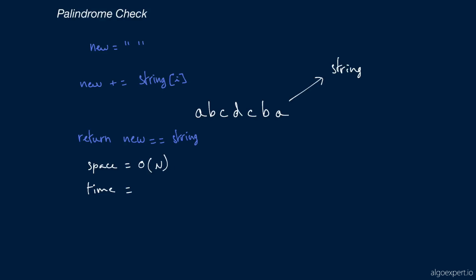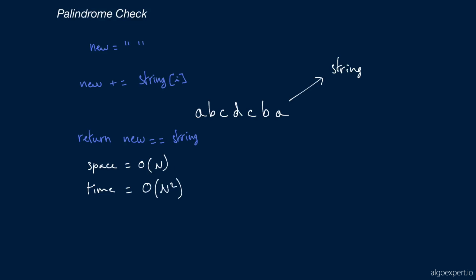The way string concatenation works, at least in Python and a lot of other languages, if you do new, where new is a string, plus equal to string I, you're actually creating a new string and iterating through all the characters in new, adding them to that new string, and adding string of I. And so, because of that, this actually turns into an O of n squared algorithm.